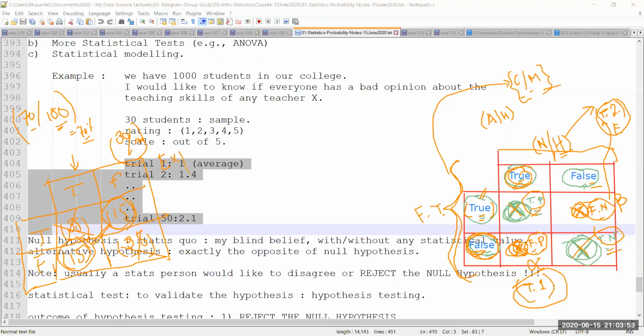I said experiments because maybe I have not done the sampling in the right way. Maybe I have not collected the data in the right way. So I cannot blindly trust this table, right? It can well be a problem with the experiment, or a problem with the null hypothesis, or with the setup. If my null hypothesis is that my company is one of the best companies in our city providing the test, then how can it be the best if there is a success rate of only 70%?